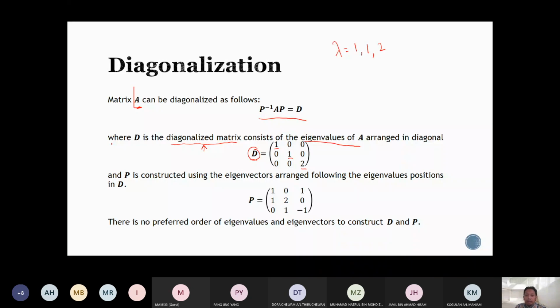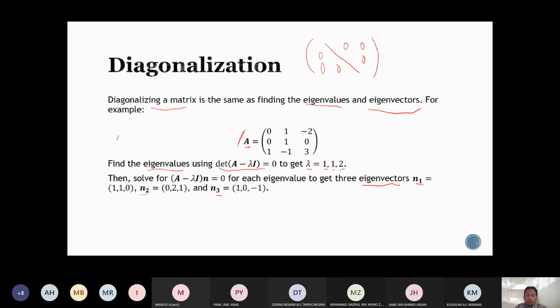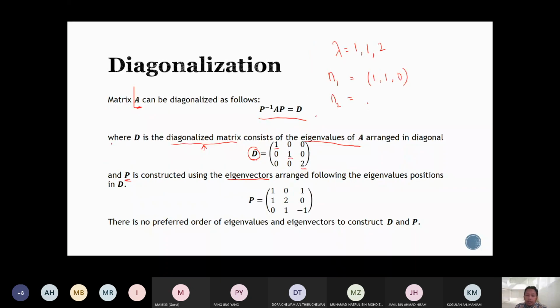Now we have found the matrix D. Then we need to find the matrix P. Matrix P can be constructed using the eigenvectors. So just now the eigenvectors were n1 equals 1, 1, 0, n2 equals 0, 2, 1, and n3 is 1, 0, minus 1.